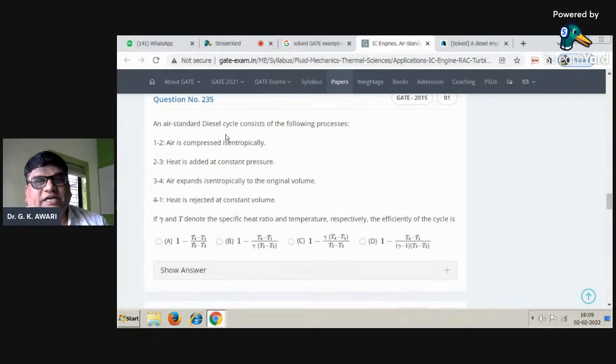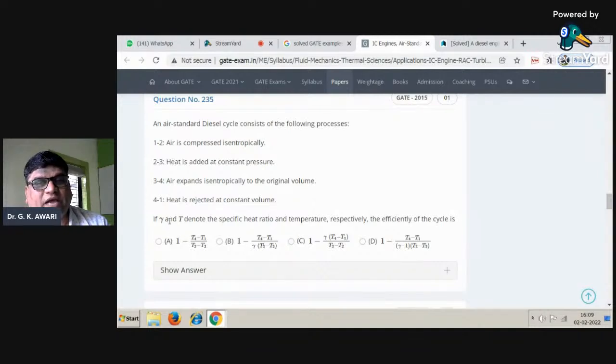So the air standard diesel cycle consists of the following processes: 1 to 2, air is compressed isentropically; 2 to 3, heat is added at constant pressure; 3 to 4, air expands isentropically to the original volume; and 4 to 1, heat is rejected at constant volume.